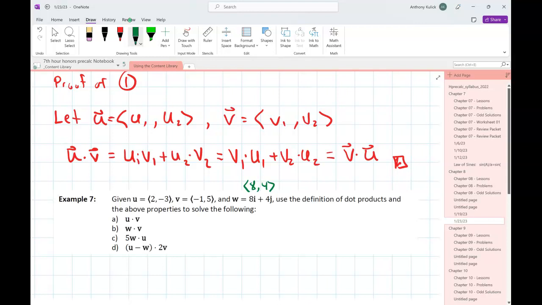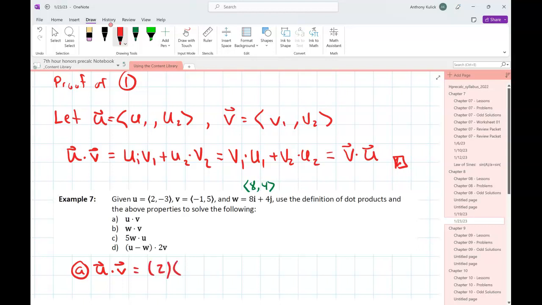Very easy to move back and forth between linear combination form and component form. Everybody's good there?